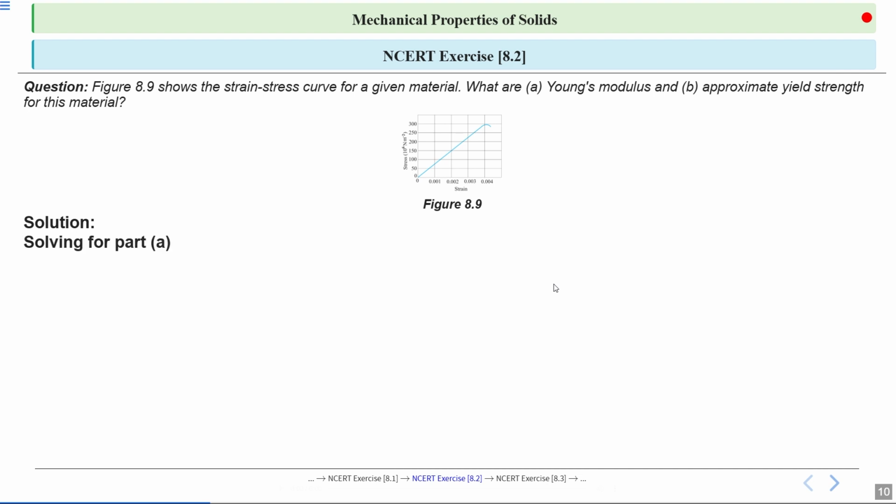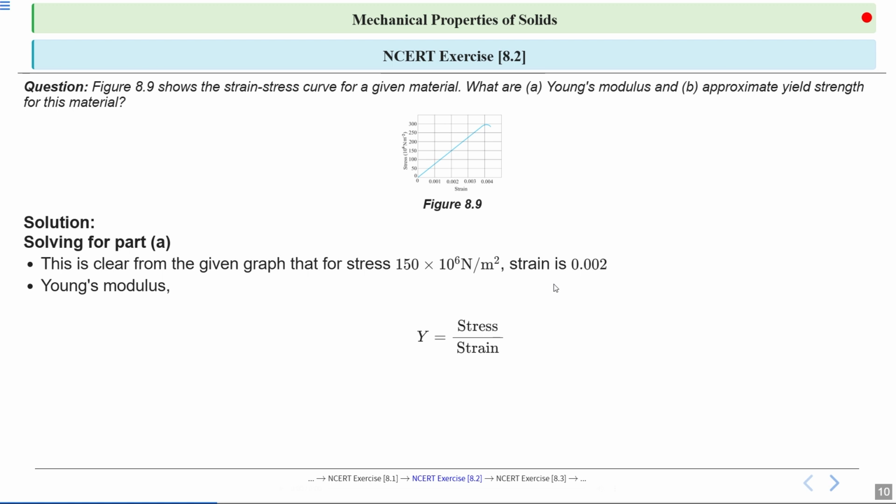So let's begin by solving part A of the question, which asks for Young's modulus. From the graph, we can see that when the stress is 150 into 10 to the power of 6 newtons per square meter, the corresponding strain is 0.002.